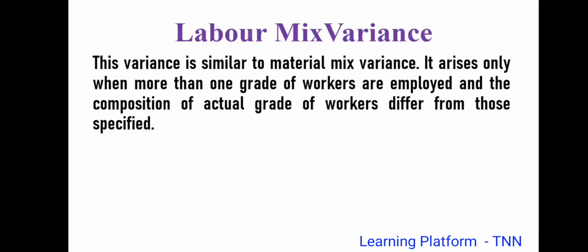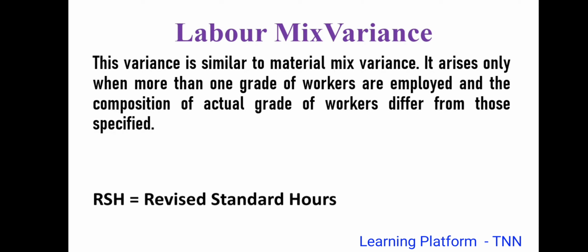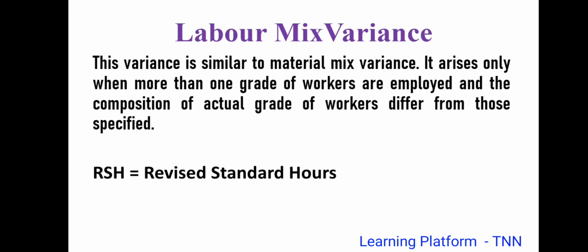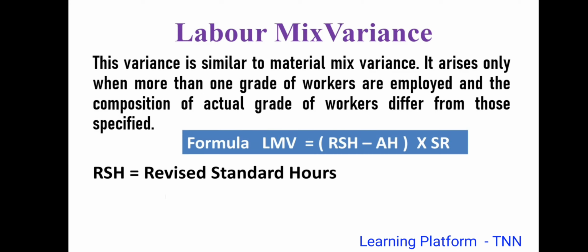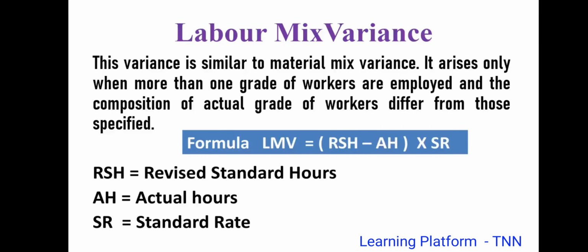It arises only when more than one grade of workers is employed and the composition of the actual grade of workers differs from that specified. This difference in composition of the actual grade of workers is called labor mix variance.